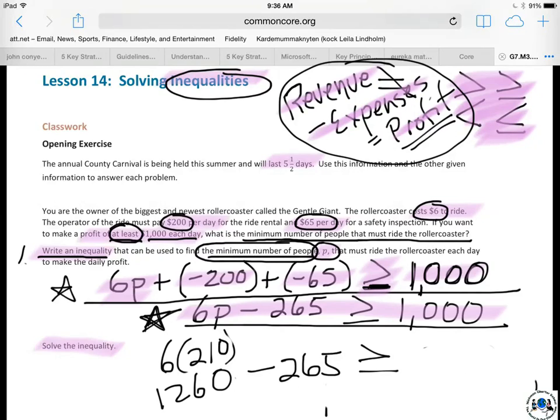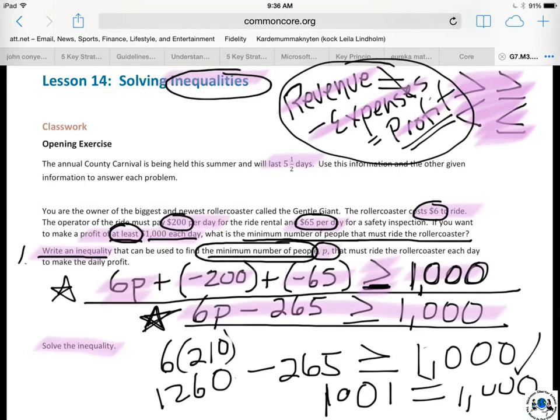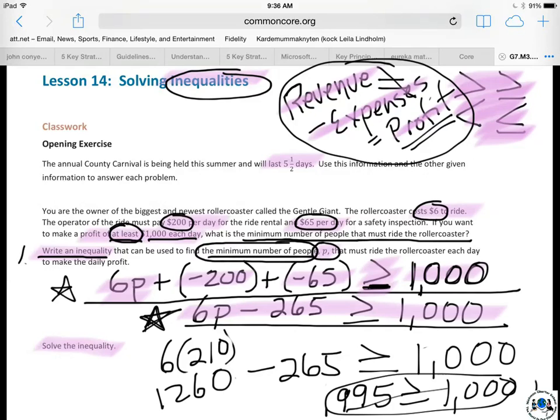This is, of course, 1,000 on this side, and 995 is not greater than or equal to 1,000, so that does not work.